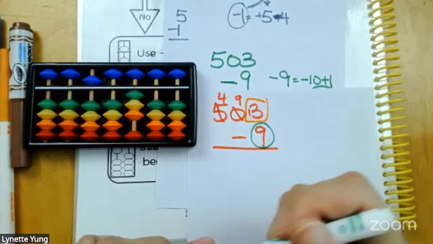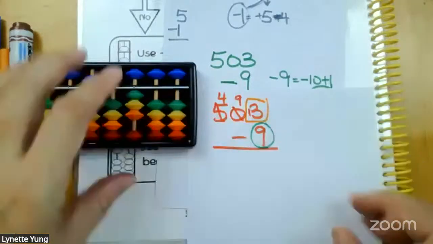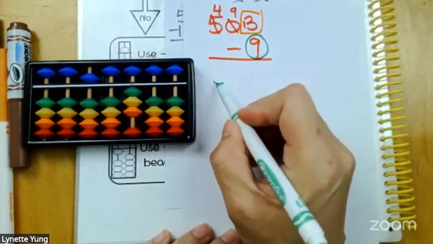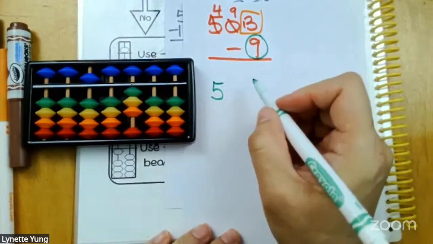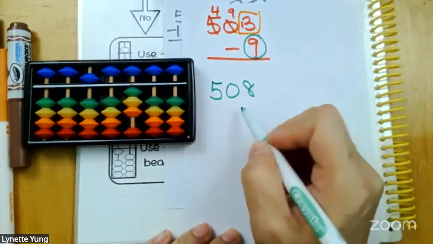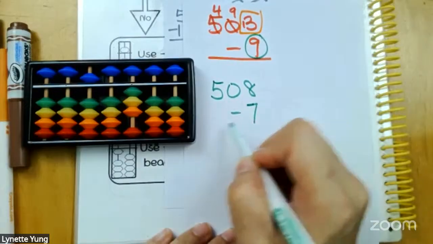All right. Can I try that one more time? Yeah. So let's do 508 minus 7.